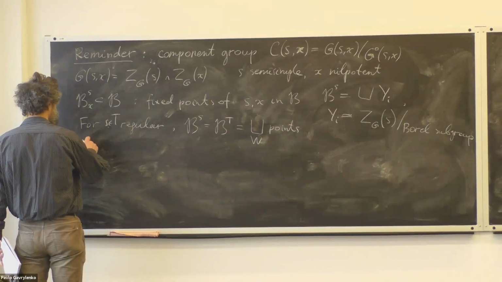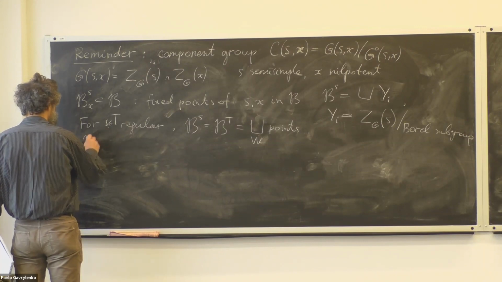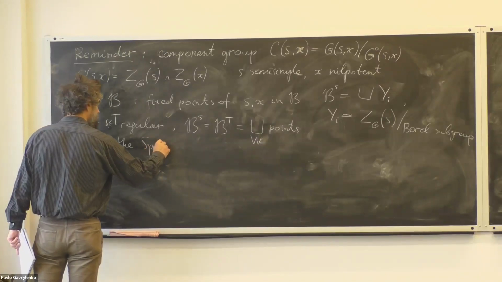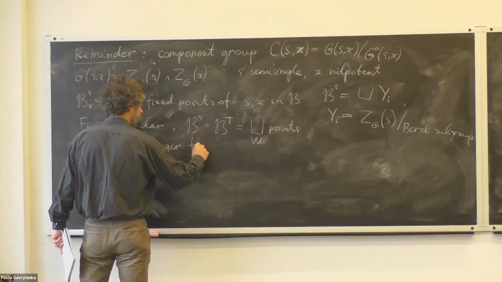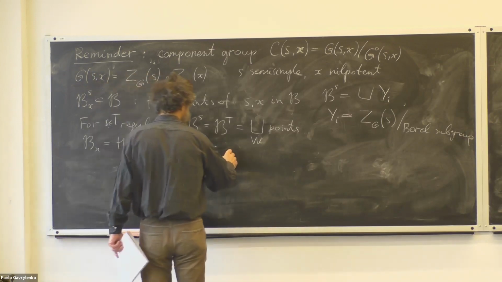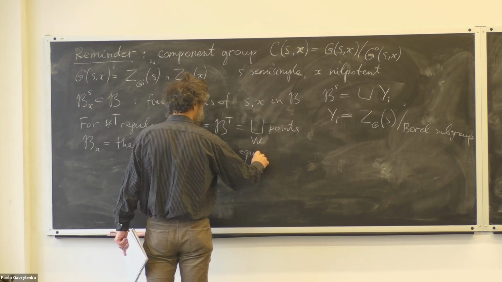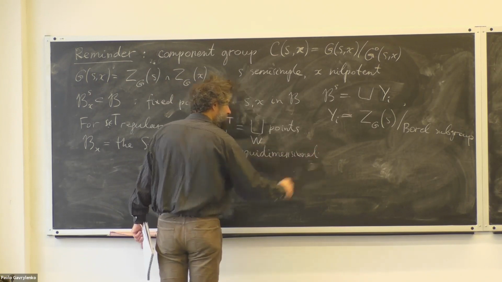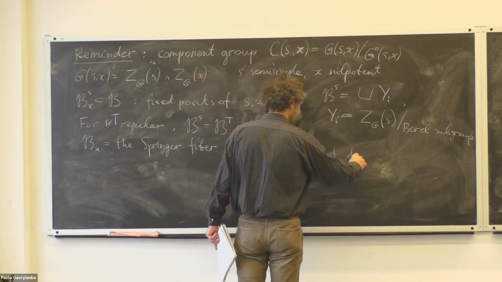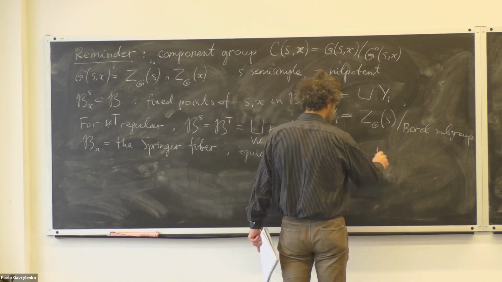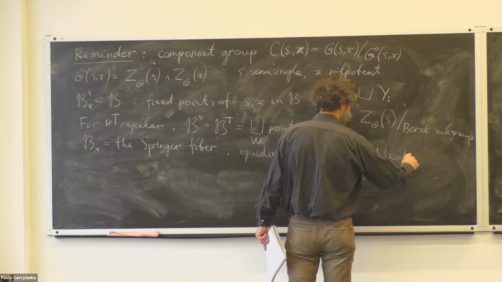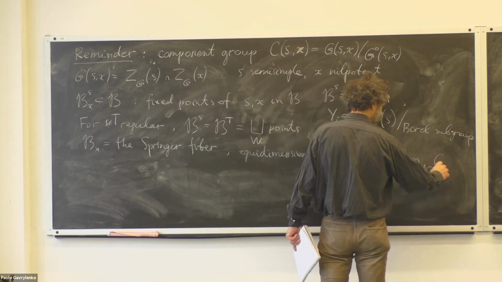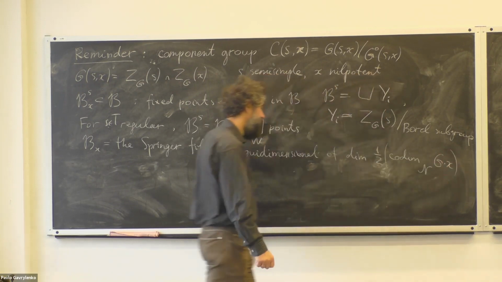So say in case S is trivial, Bx is the Springer fiber. And it is known to be equidimensional of dimension 1/2 of codimension in the nilpotent cone of the orbit of this nilpotent element.